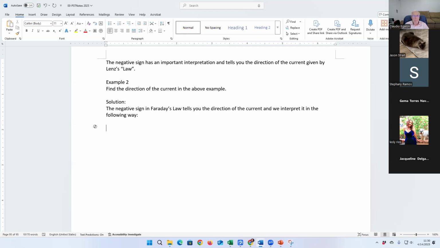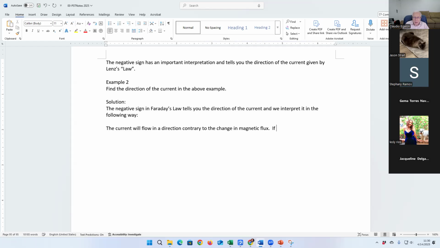Okay. The current will flow in a direction contrary to the change in magnetic flux. Okay.